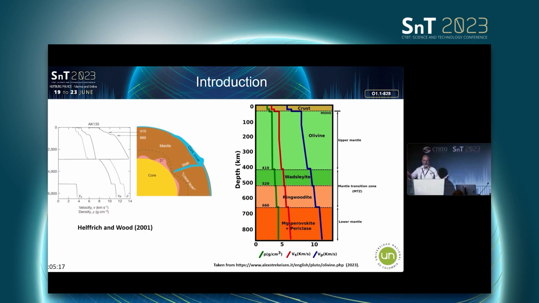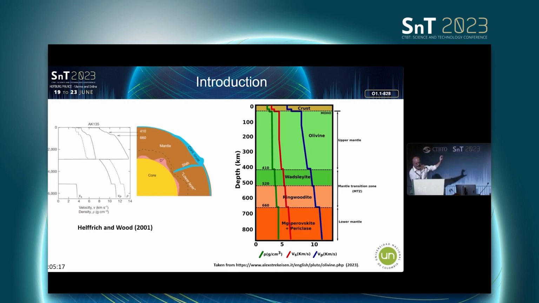Now I'm going to explain the hypotheses behind this contrast. You see the mineral composition in the shallow part is almost that of the oceanic crust. It's about 100% olivine. Once we move down, there are transformations. The first transformation is from olivine alpha to olivine beta.